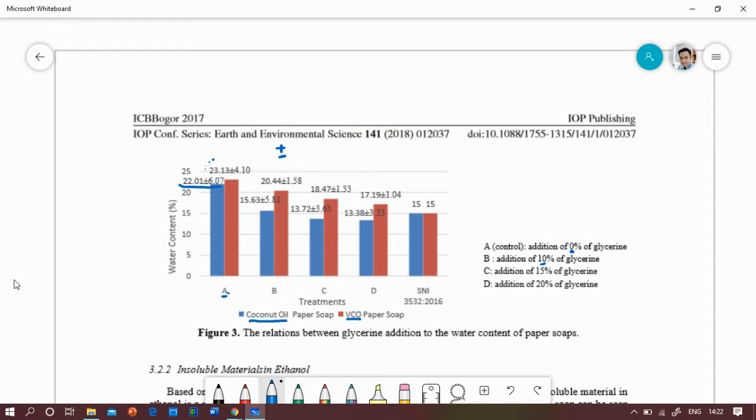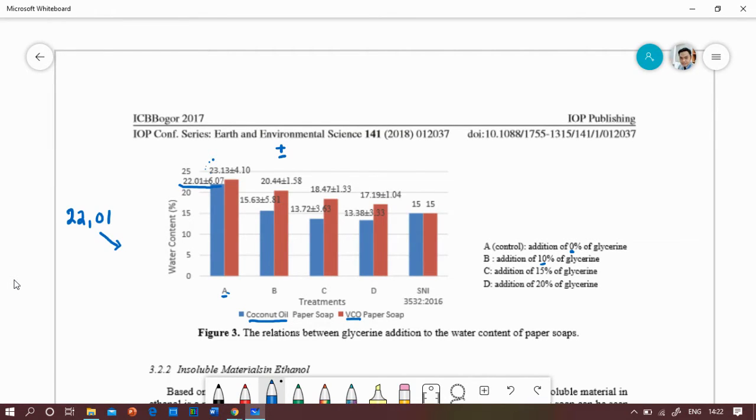So take a look at the blue one first, A blue one. The value of water content in there is 22.01. Okay, and then it's plus minus 6.02. So it's going to be ranging from 22.01 plus 6.02. Let me get my calculator.